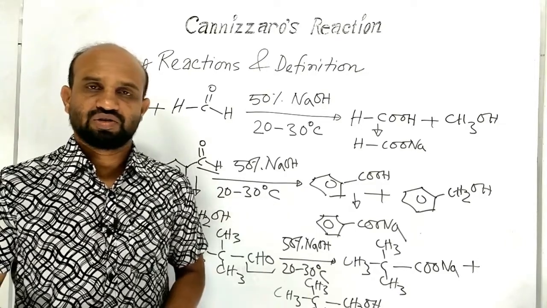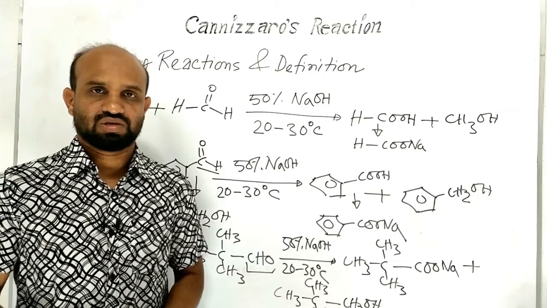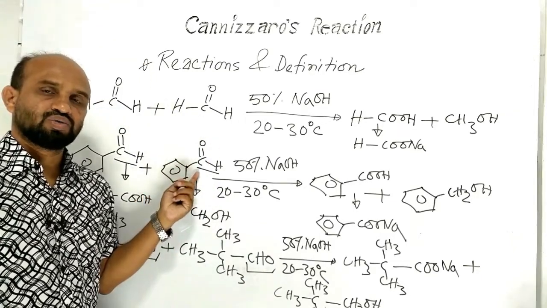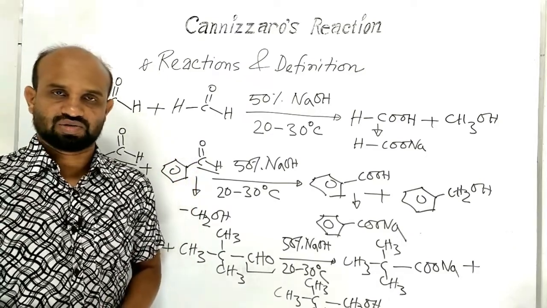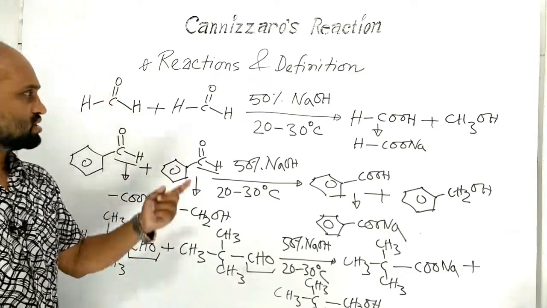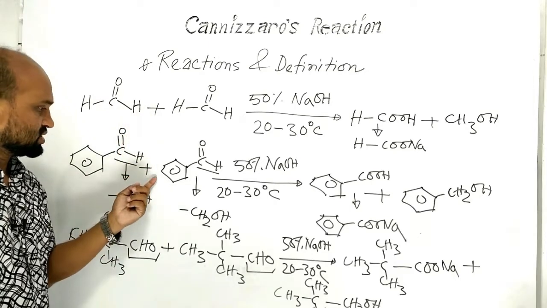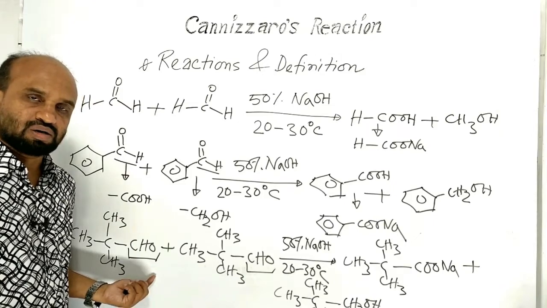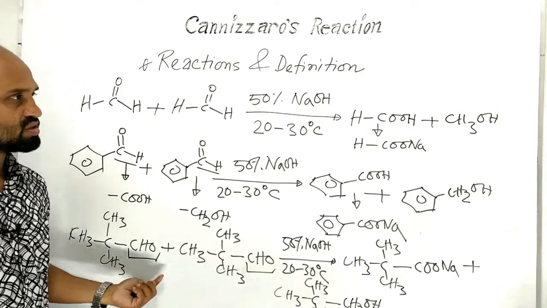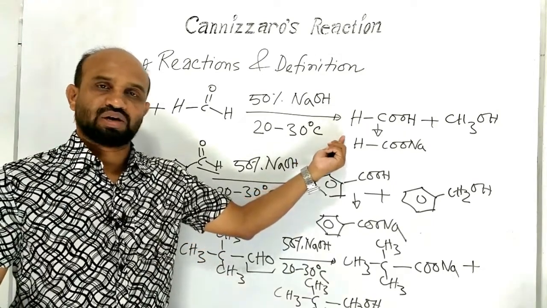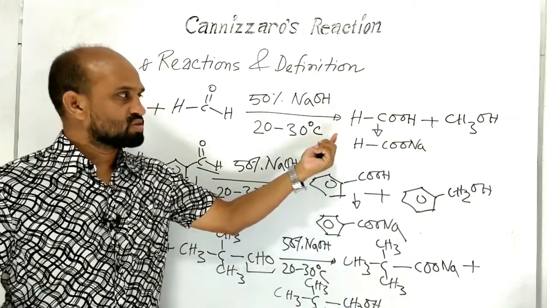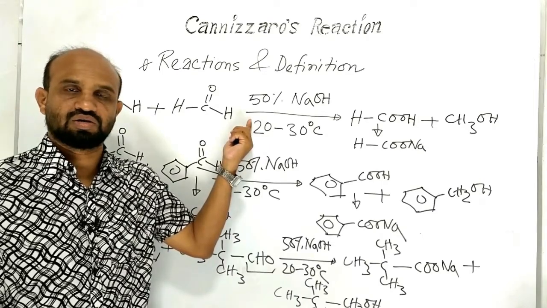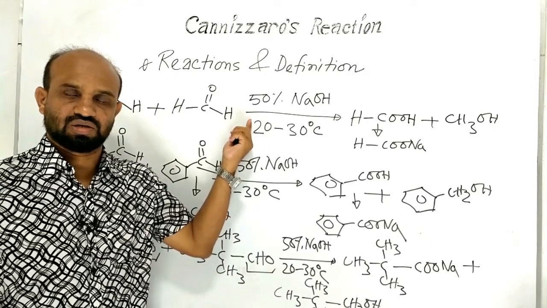Now let's see the definition of Cannizzaro's reaction. Aldehydes which do not contain alpha hydrogen, like formaldehyde, benzaldehyde, 2,2-dimethyl propanal, undergo simultaneous oxidation and reduction in presence of concentrated alkali like sodium hydroxide or potassium hydroxide.